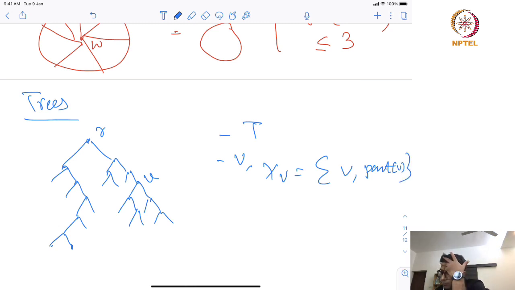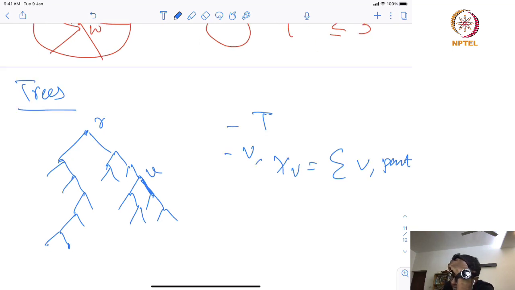Now, by definition, every vertex appears in some bag. Look at any edge. For any edge, one is the child and one is the parent. So look at the bag of the child; in that you have this, so this is perfectly fine. Now what about a vertex V? Where all does a vertex V appear?